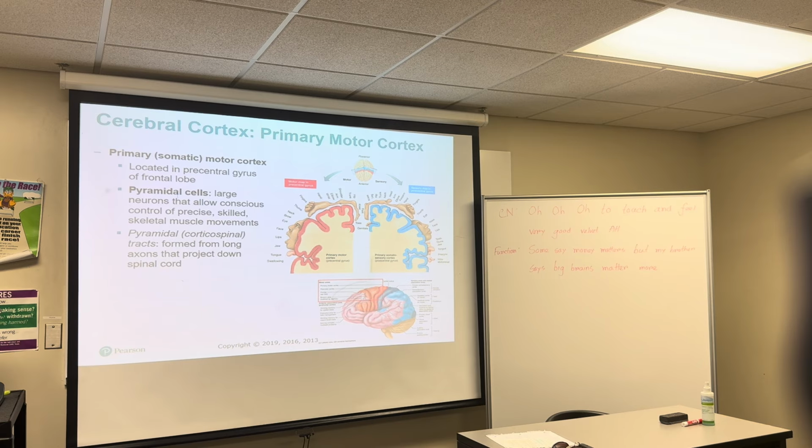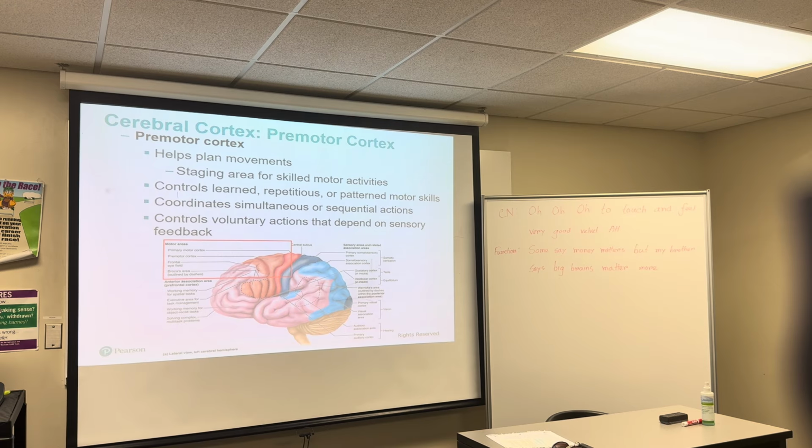Tracts are the axons. In the central nervous system, the axons are called tracts and the cell bodies are called nuclei. Okay, so now large neurons that allow the conscious control of the precise skilled skeletal muscle movement, pyramidal tracts formed from the long axons that project down the spinal cord.